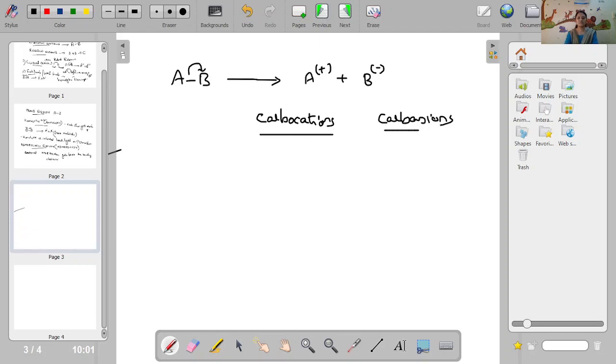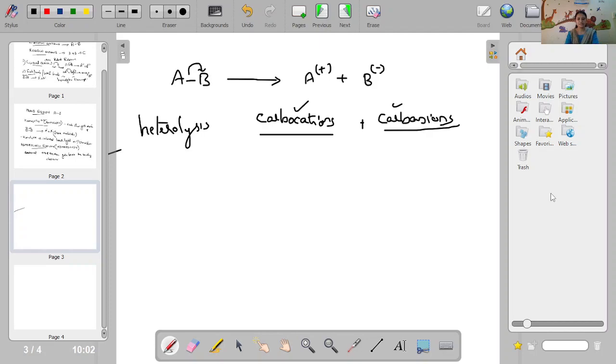So carbocations and carbanions are the products of heterolysis. You may be asked, what are the products of heterolytic cleavage? Carbocations and carbanions are the products of heterolytic cleavage. One atom gets two electrons.